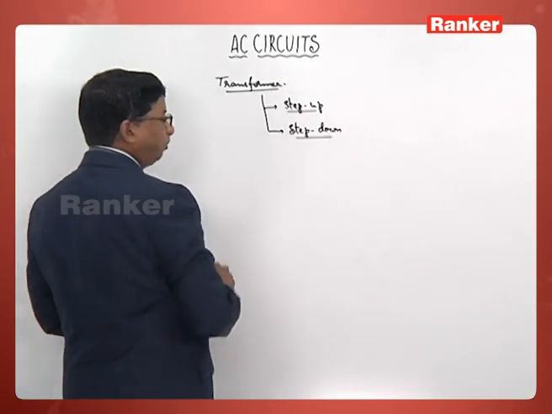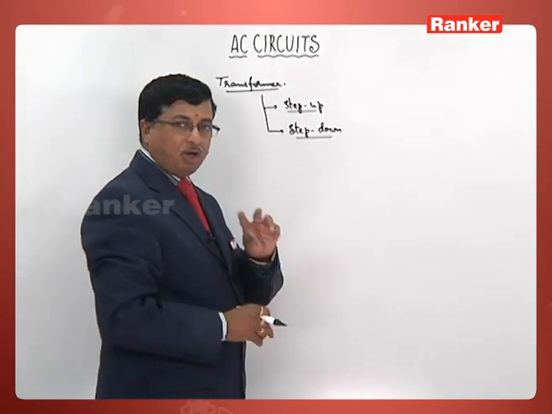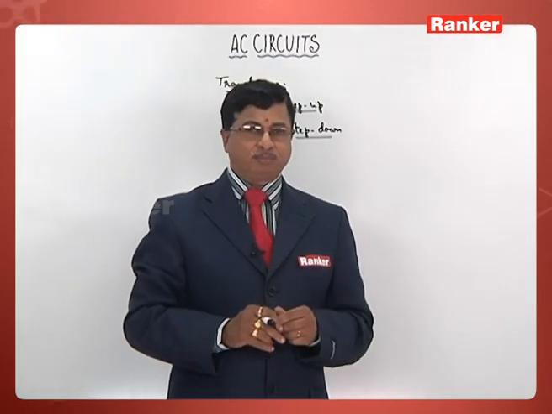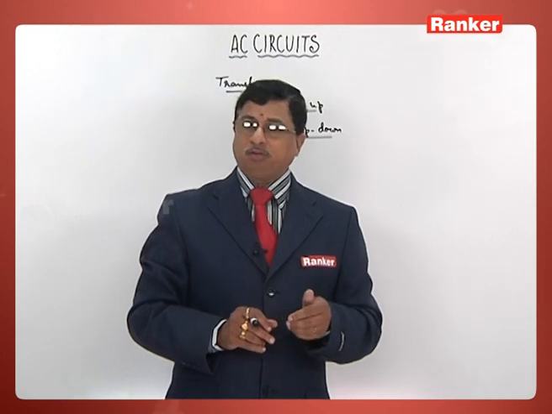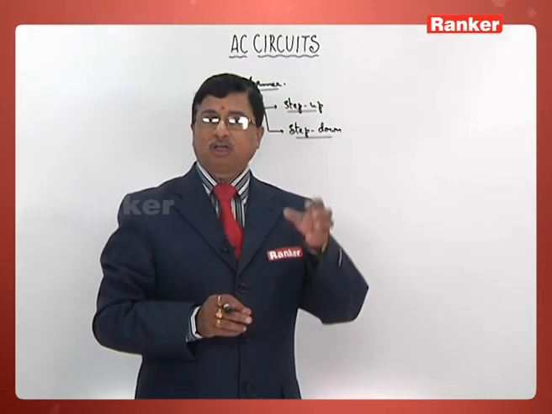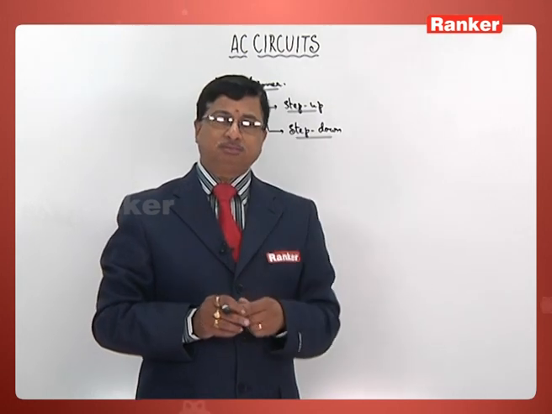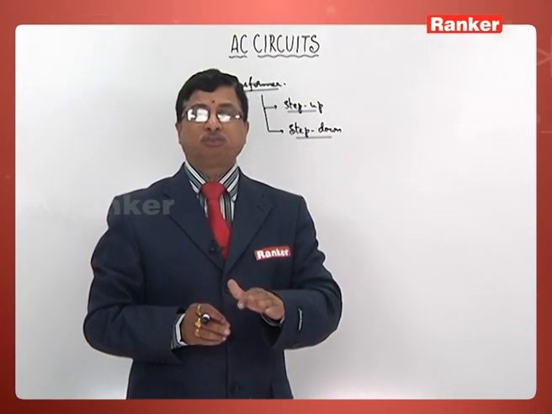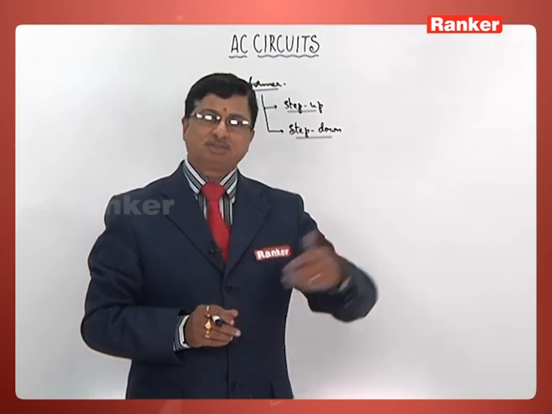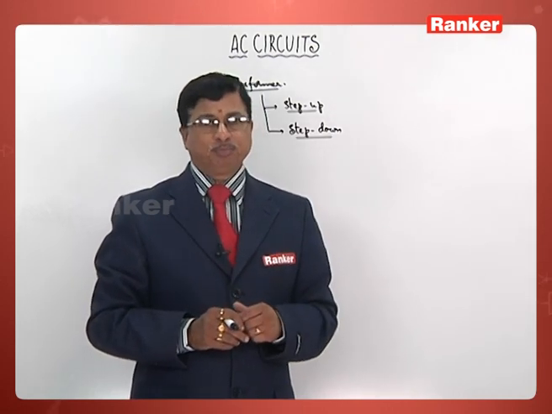In the case of a step up transformer, the output voltage will be greater than the input voltage. Whatever input we are giving, more than that value we can extract from the system. That means voltage is going to be stepped up to a few times the original value.